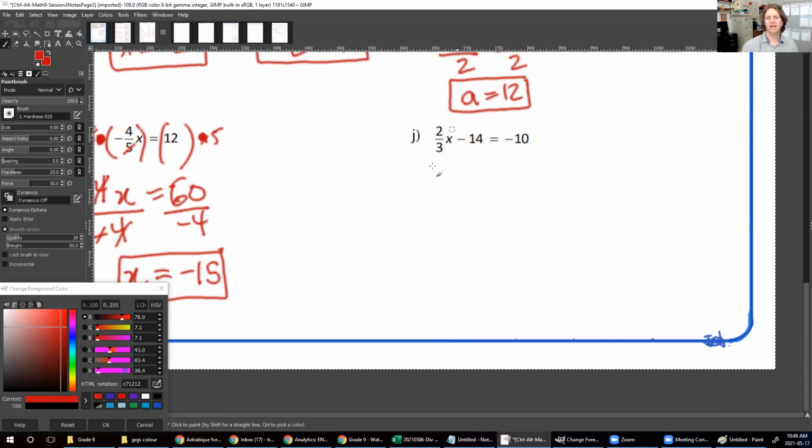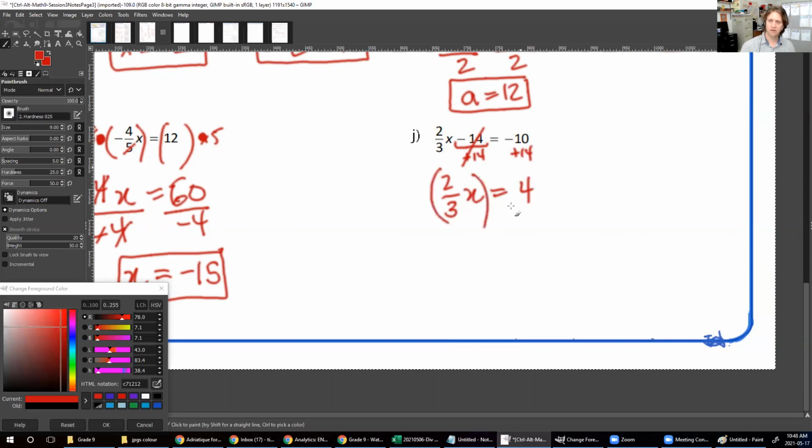Here, I'm going to leave my x term, even with the fraction, I'm going to leave it alone until I get rid of this on this side. So I have 2/3 x. I'm going to add 14 to both sides. Negative 14 and positive 14 come out to 0, so those cancel out. Negative 10 plus 14, I have 4 more positives than those negatives, so I've got 4.